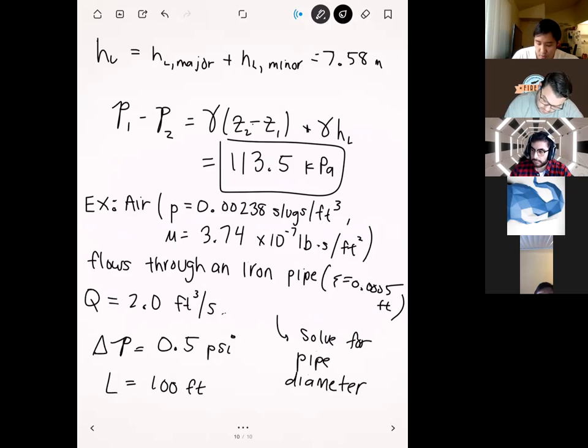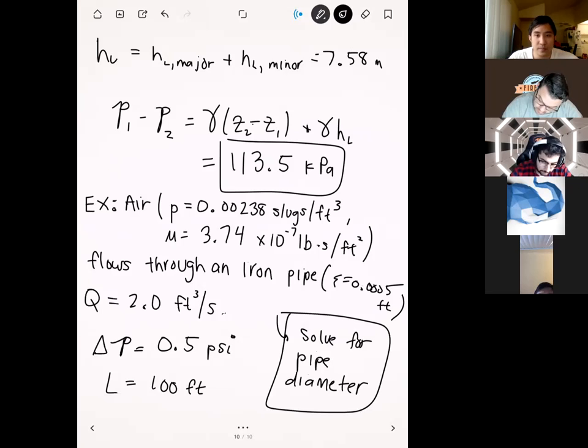But what you'll see is that even though this problem looks fairly innocent, when we're not given the diameter, this actually complicates things quite a bit. Let's also assume that the pipe is horizontal, so we don't have any changes in height. All right. Any questions on the problem setup?